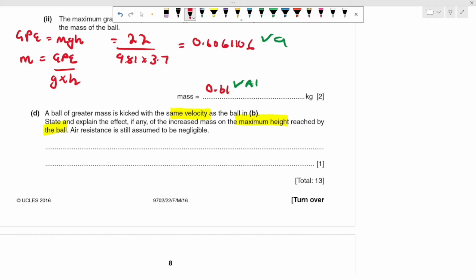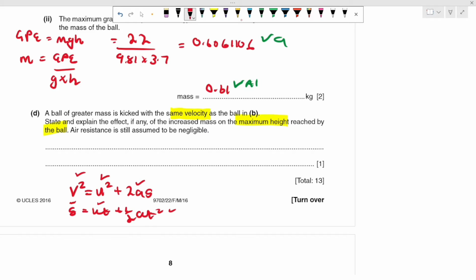What are the equations we know for calculating height? v squared is equal to u squared plus 2as. The acceleration is the same, v is the same, u squared is the same, so s shouldn't change. We also know that s is equal to ut plus half at squared. The time will be the same, u will be the same, so s therefore has to be the same.